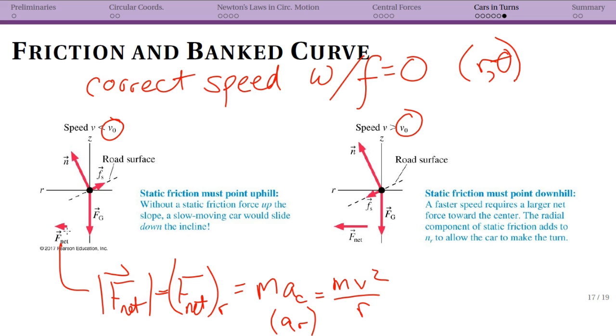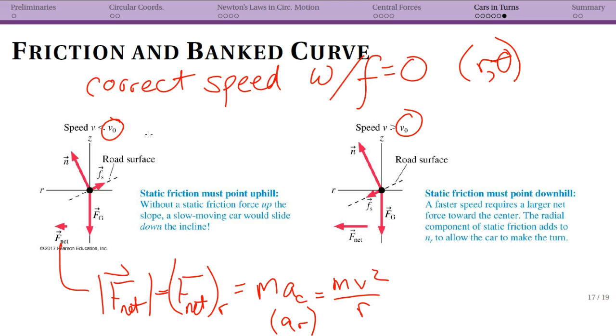So what if your v gets smaller than before? That means your F net is smaller. Same radius, smaller v, smaller F net. Well, nothing has changed about your normal force. Nothing has changed about your gravitational force. So how can your net force be smaller, since you're going in the same circle at a smaller speed?